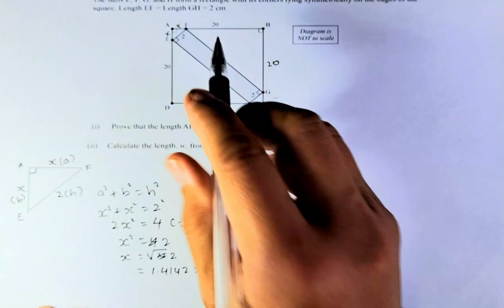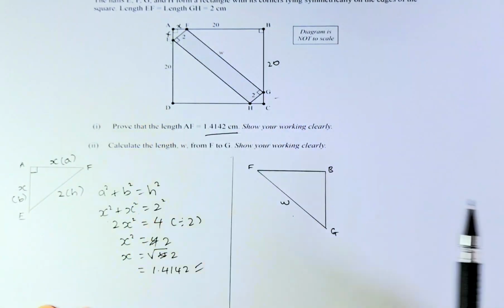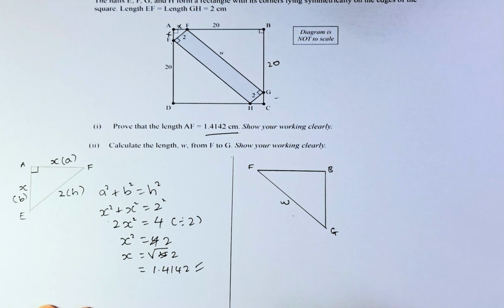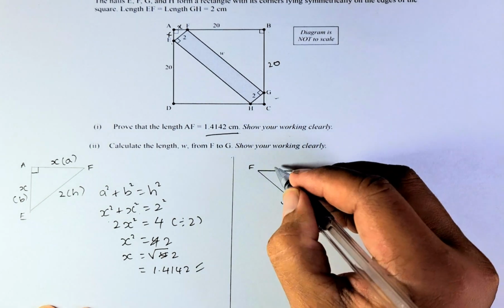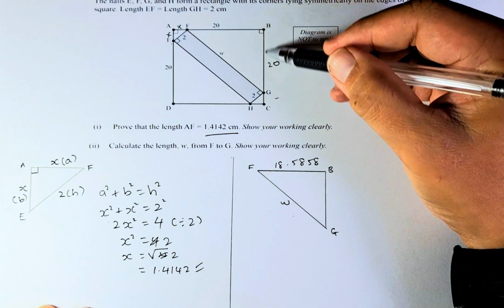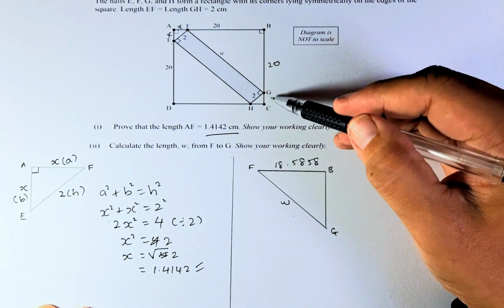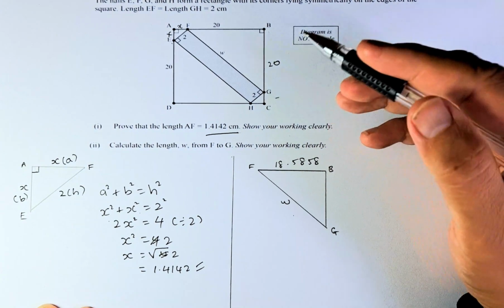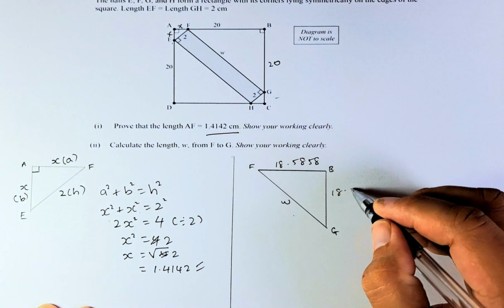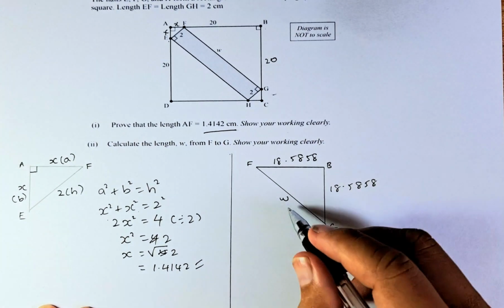To get your FB here, you take 20, the whole length, minus 1.4142, and the answer comes up to 18.5858. Similarly, this part here is the same as the part here, X. So 20 minus 1.4142 gives us 18.5858. Now we are going to solve for W.